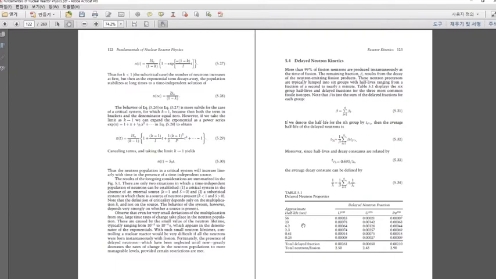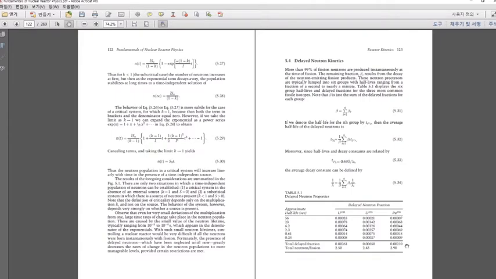So if we see, these are the beta values. In the case of uranium-235, the total fraction of delayed neutrons is actually 0.65%. This beta value for uranium-235 is greater than those for uranium-233 and plutonium-239.